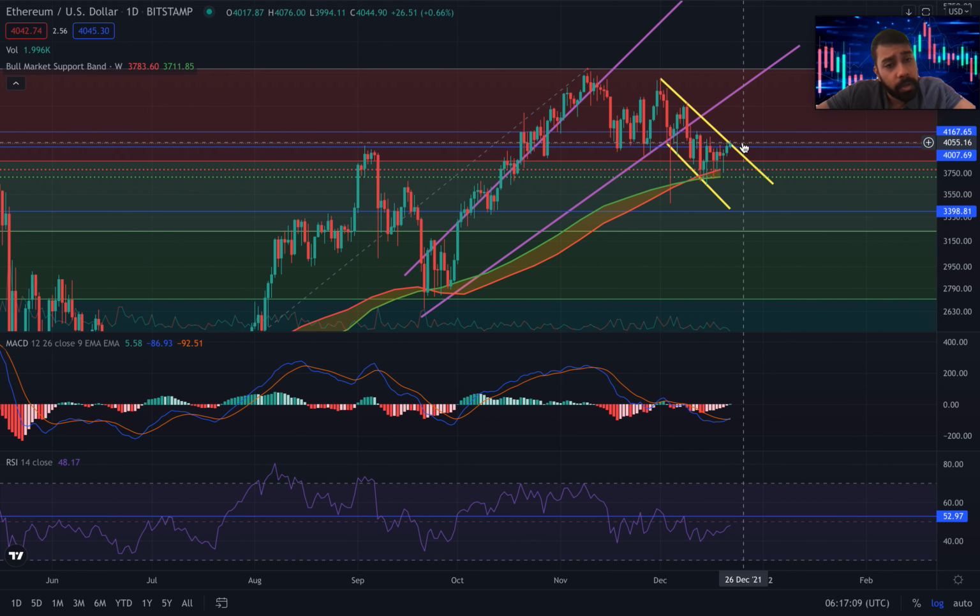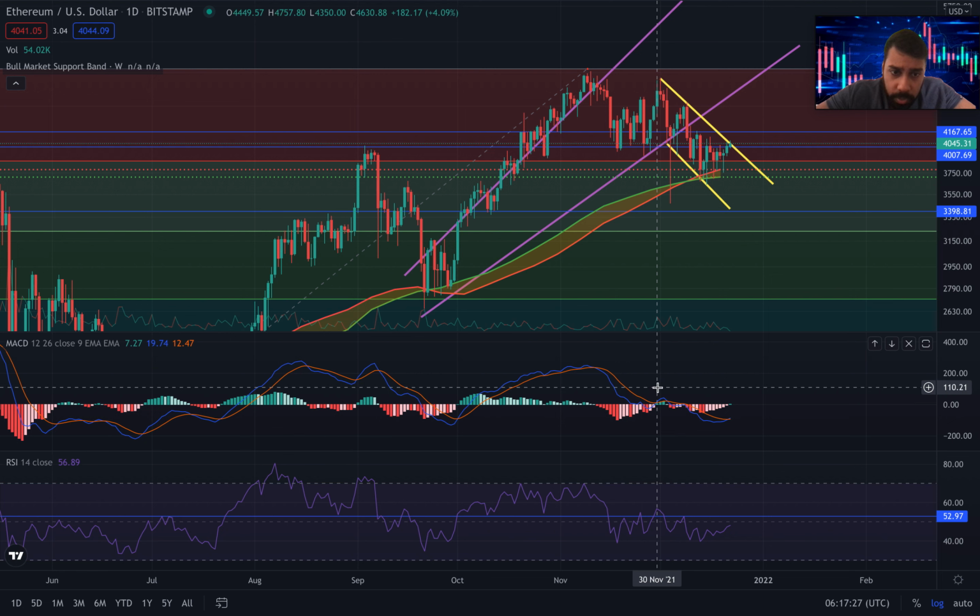So I expect what's the most probable thing to happen is to trade between 4,000 to 4,200, build some momentum here, accumulate a bit, and then take out 4,200. MACD wise, we did see 4 days of green bars during 30th November to 3rd December.